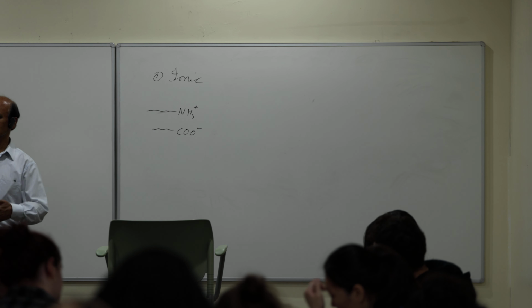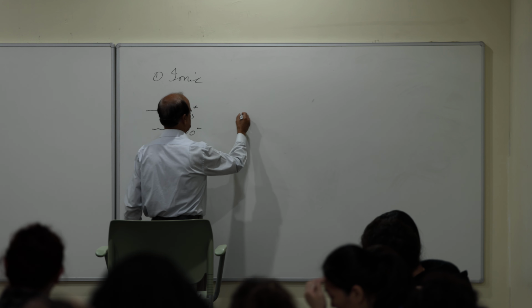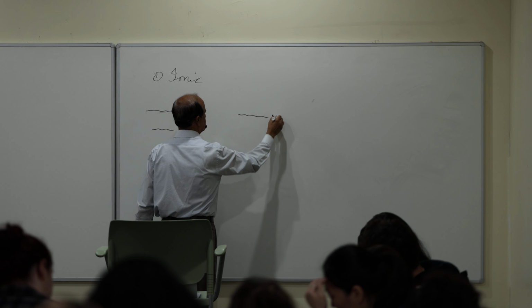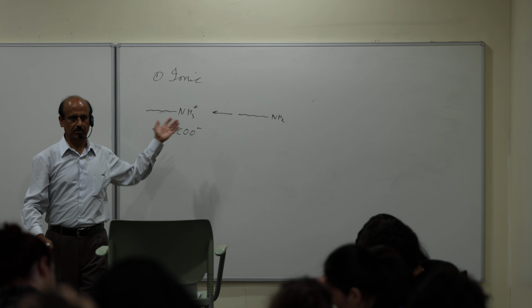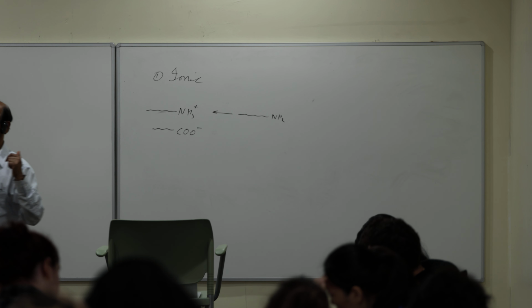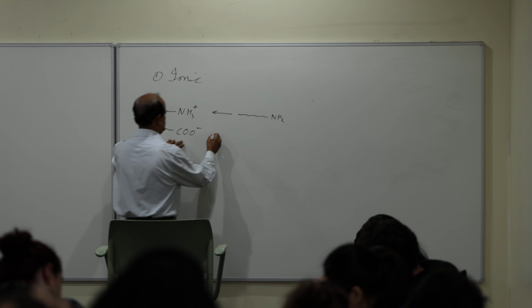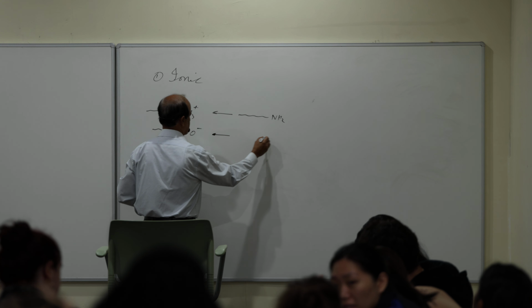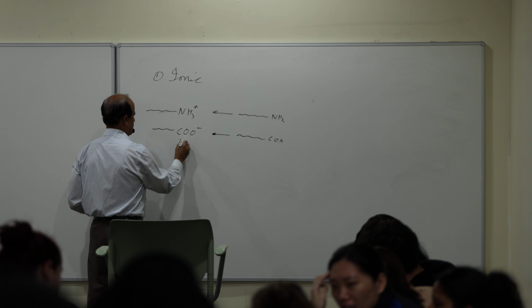So every acid has a conjugate base, every base has a conjugate acid, so it was an amine before, and that binds to a proton at neutral pH. All the molecules are like this, NH3 plus, and all the amino acids will be like this from the COOH. And this is a base.